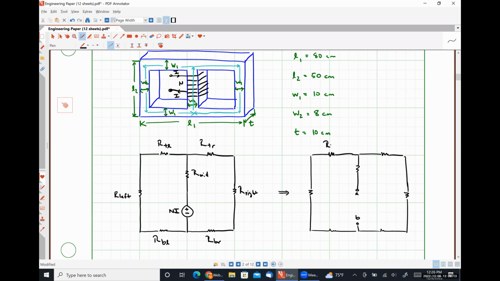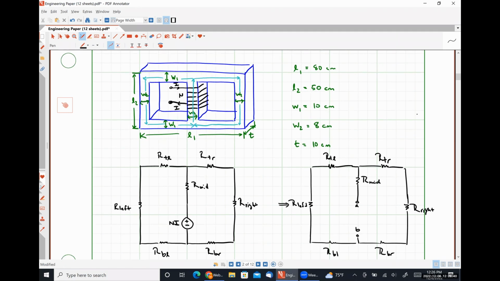Let me write down all of my names here: RTL, RTR, R left, R bottom left, R bottom right, R right, and R mid. Okay.